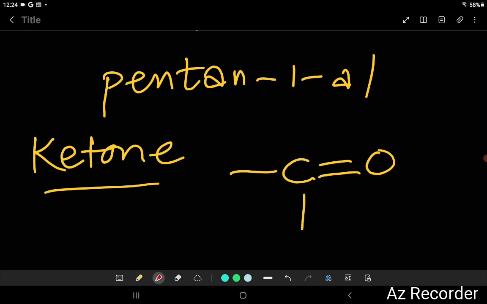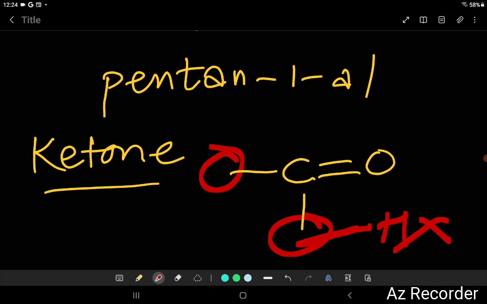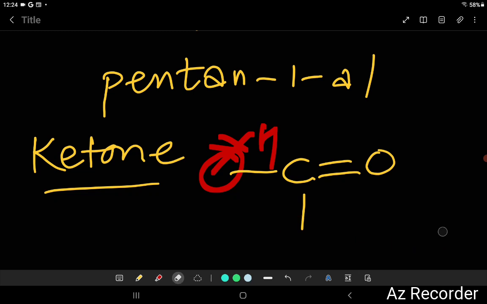But in both the bonds, it is compulsory that carbon should be attached. There should not be hydrogen in these places. Hydrogen should not be here, or here. You can attach only carbon in these positions. Then only it will be a ketone.